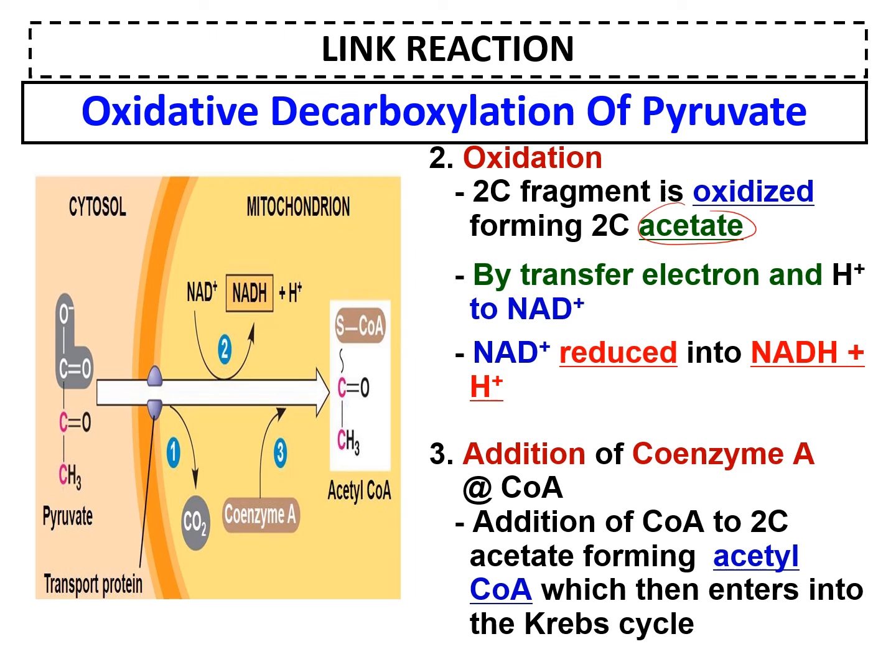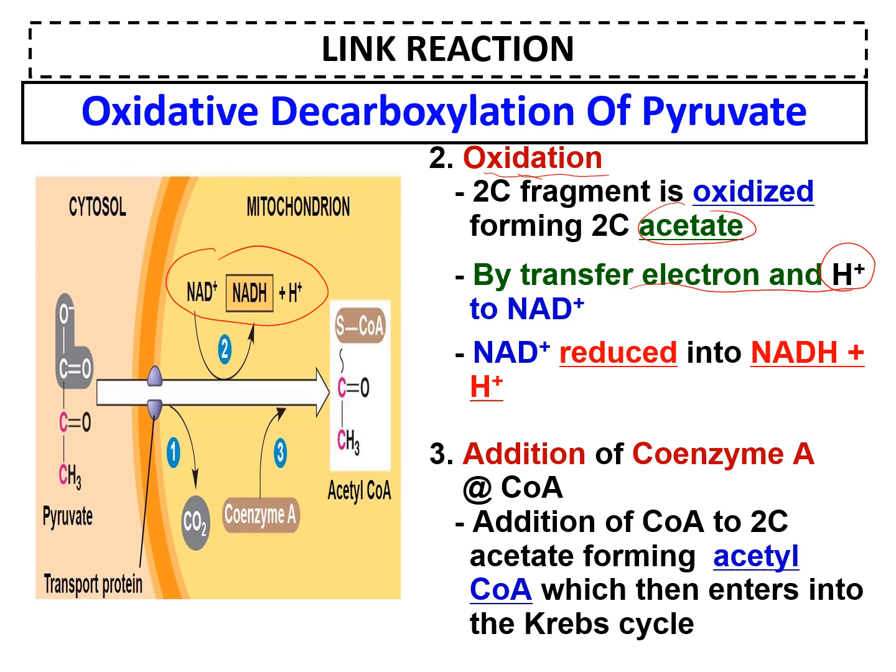Acetate is 2 carbon molecule, so no more removal of carbon. So the 2 carbon molecule oxidizes, right? It undergoes oxidation by transferring electron and hydrogen ion to the NAD+. So NAD+ will be reduced into NADH plus H+.